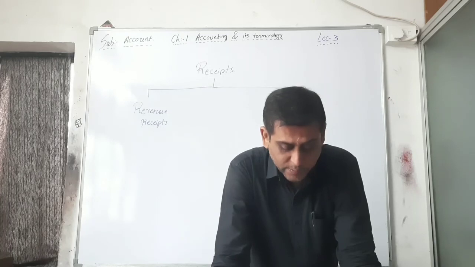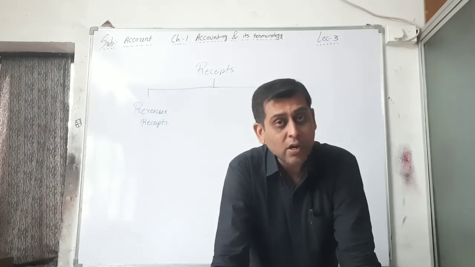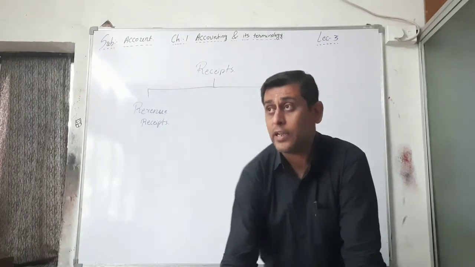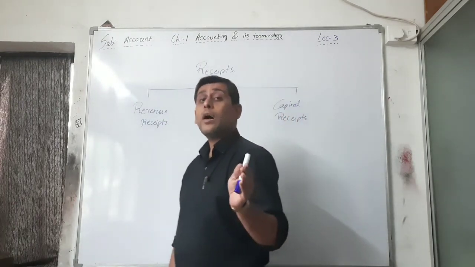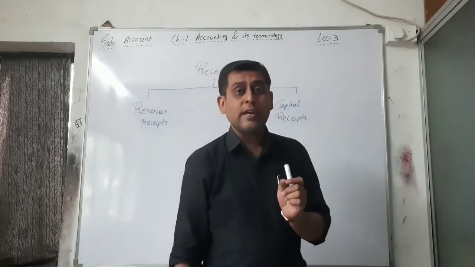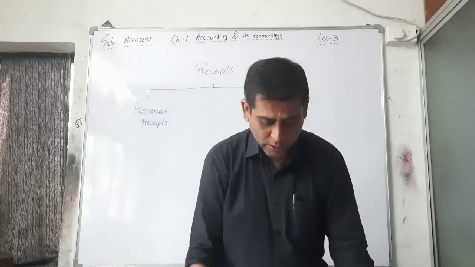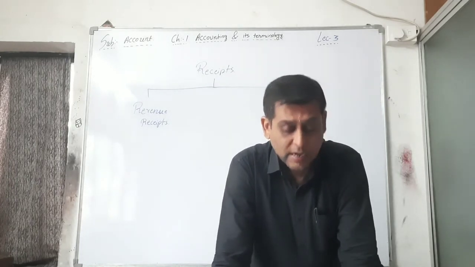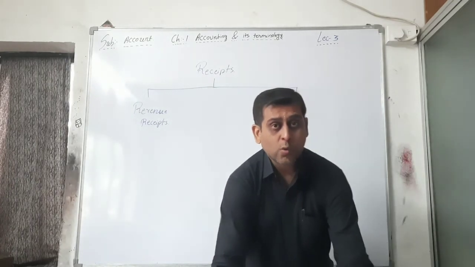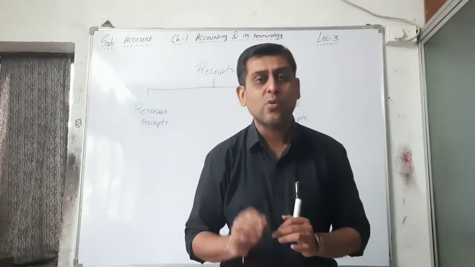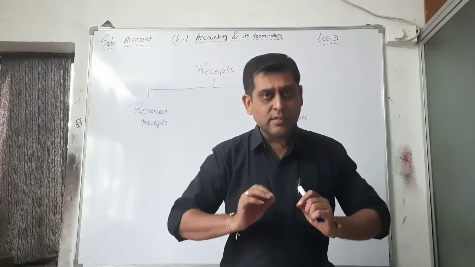Because it is used day to day, or you can say in one day it is received more than one time. So you can say it is frequently received. So the question regarding revenue receipt or the question regarding revenue income, your answer is the same.